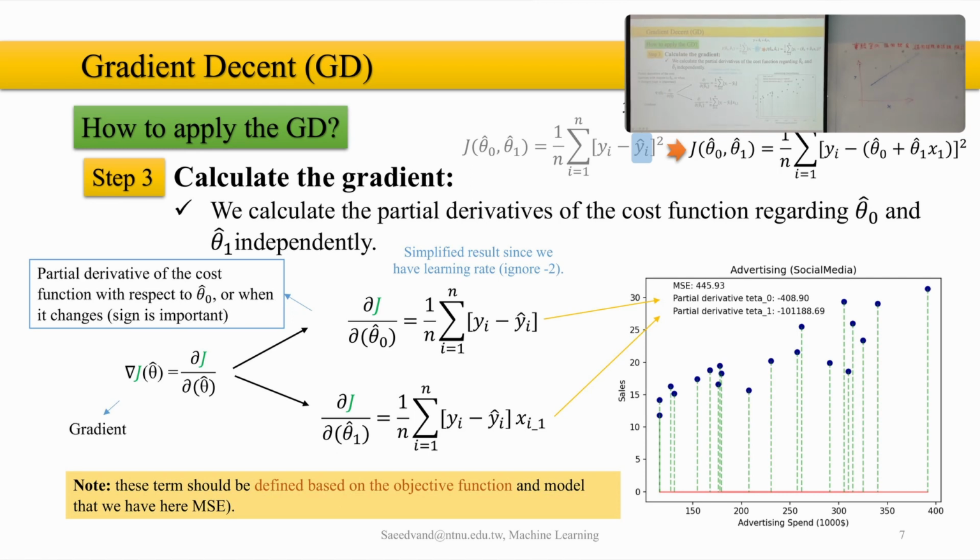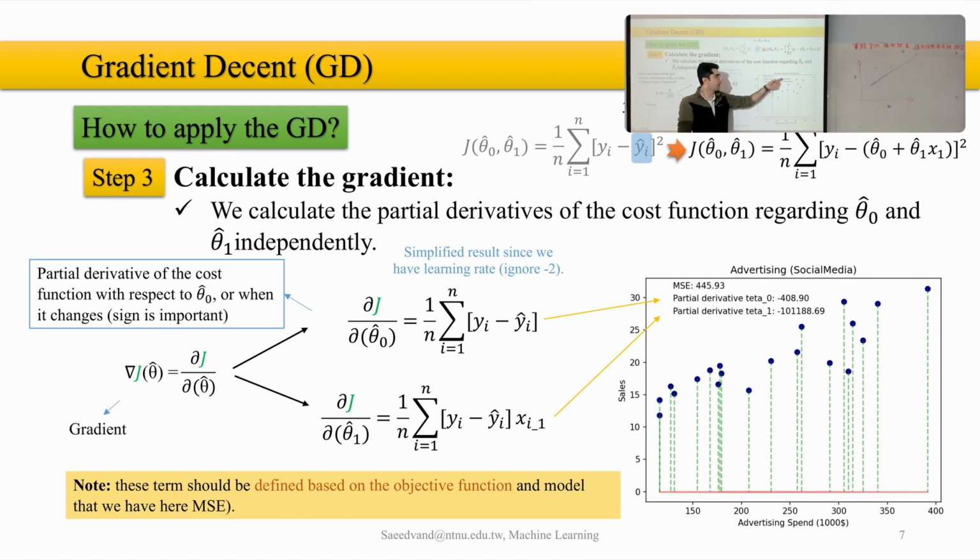Now, I also visualize it for you to make it much more understandable. So, for the mean square error, the model that I had, after calculating the mean square error, now we calculate partial derivatives with respect to theta hat 0 and theta hat 1.